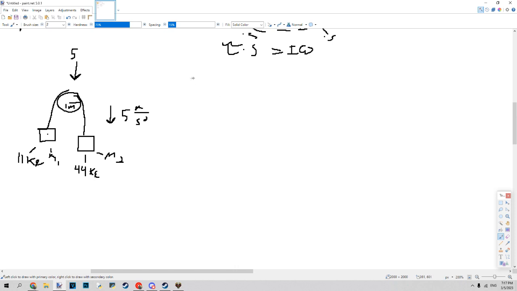So we have the force of this mass is equal to, what are we trying to find? Did I give away a few too many things?